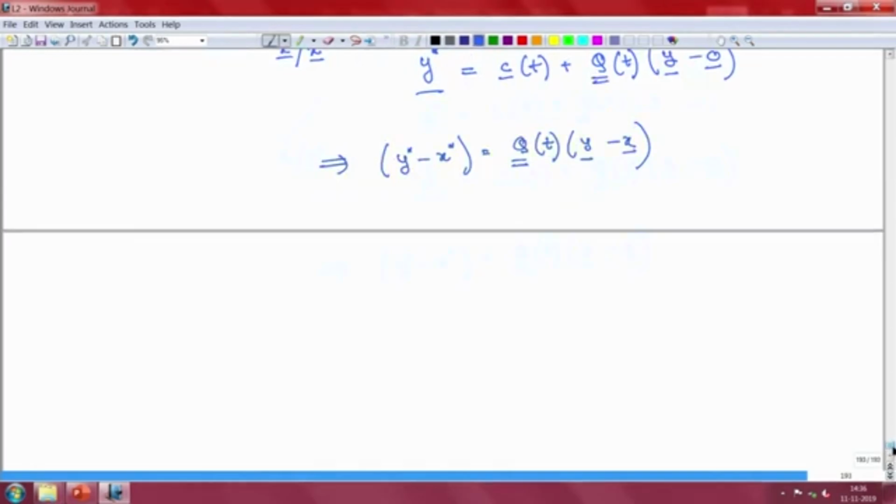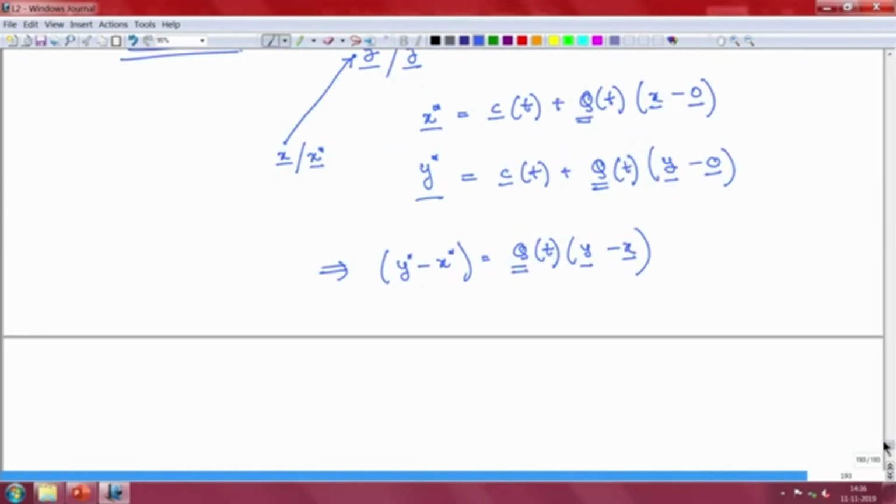Okay. So, this is important here now. Since we know that the displacement vector is invariant, this form is the form of invariance.